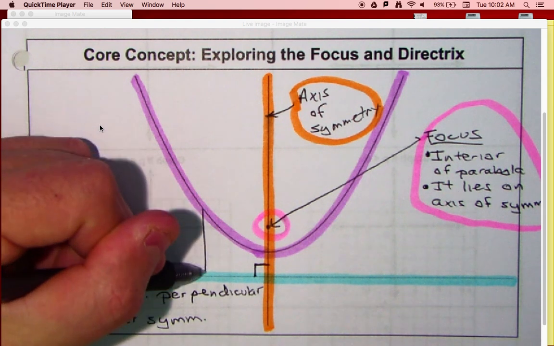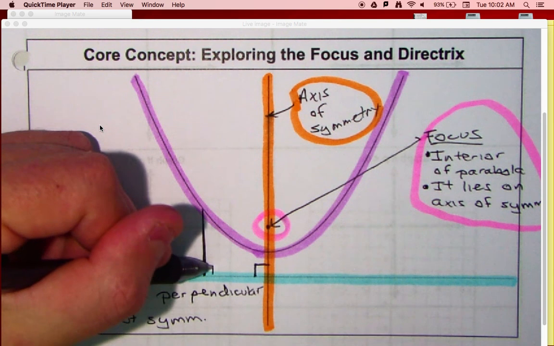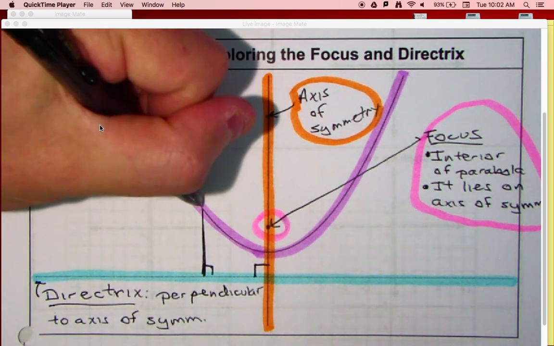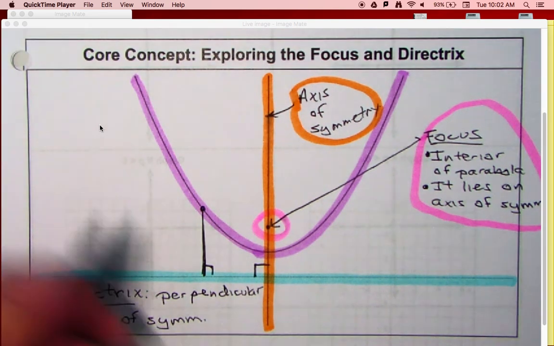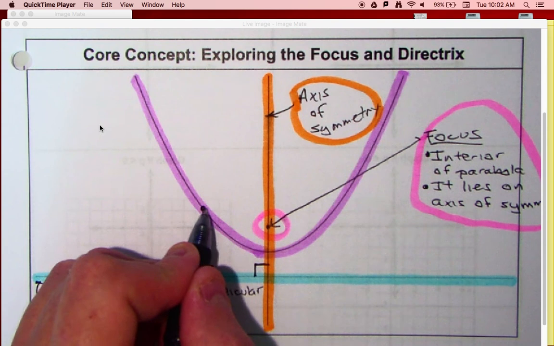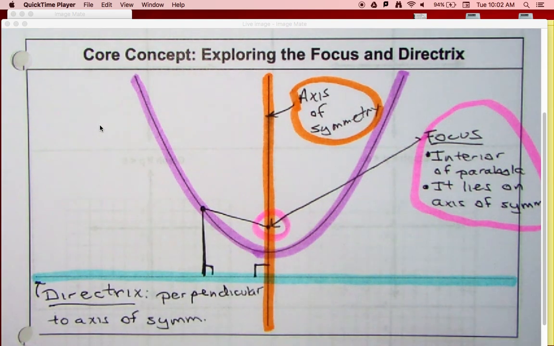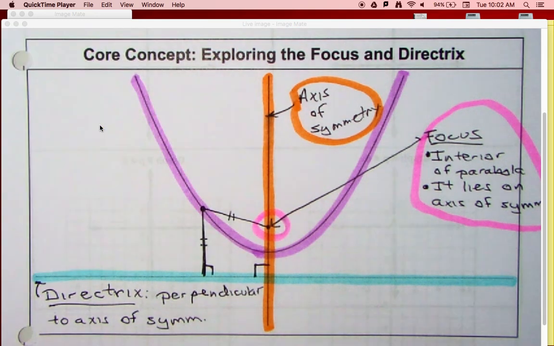Let's assume that it's a perpendicular line, so it goes straight up and hits the parabola right there. Now if I draw another line from this point to my focus, you can see that they're the same length, and in a perfect world, they will be the same length.